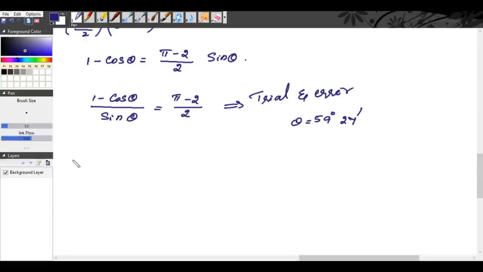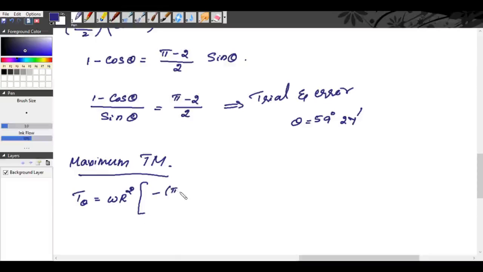So now we are going to find the maximum twisting moment. We know T theta is equal to WR square into minus (pi minus 2)/2 into (1 minus cos theta) plus theta minus sin theta.